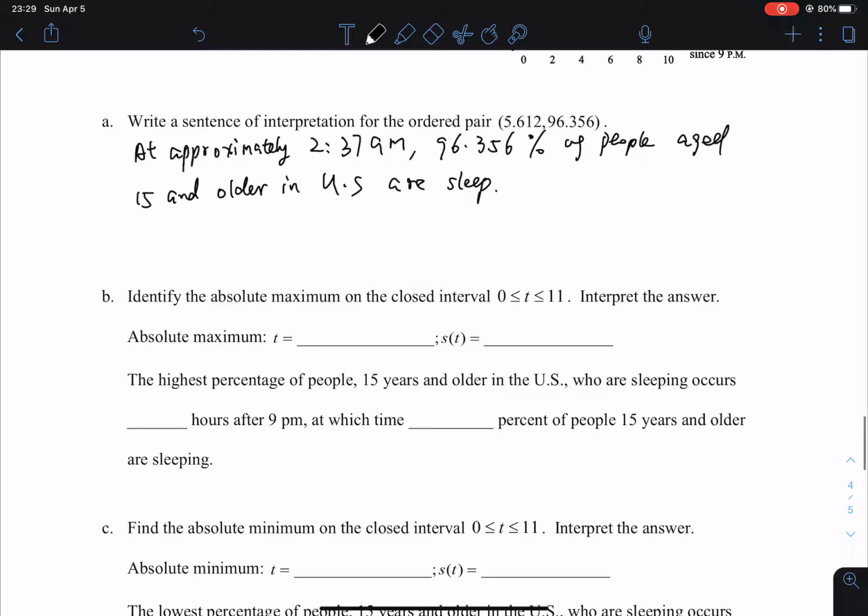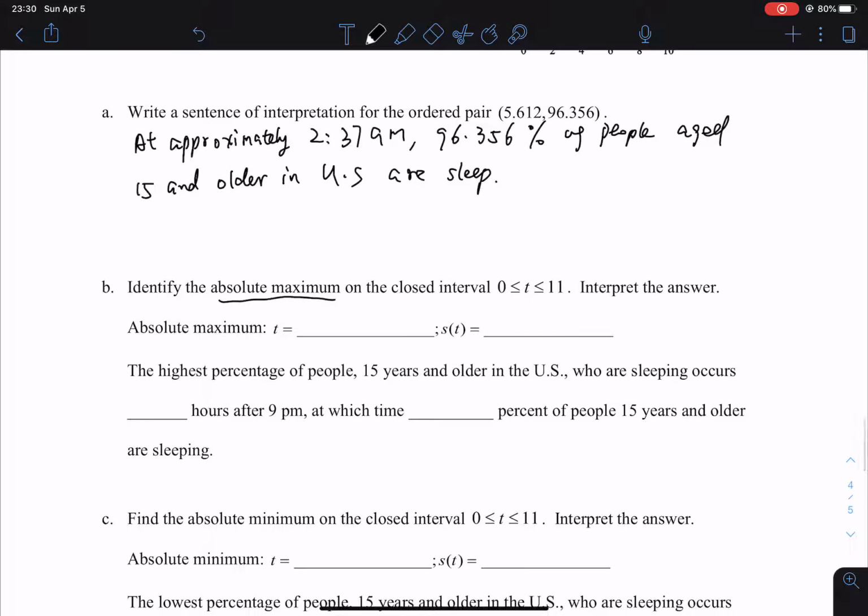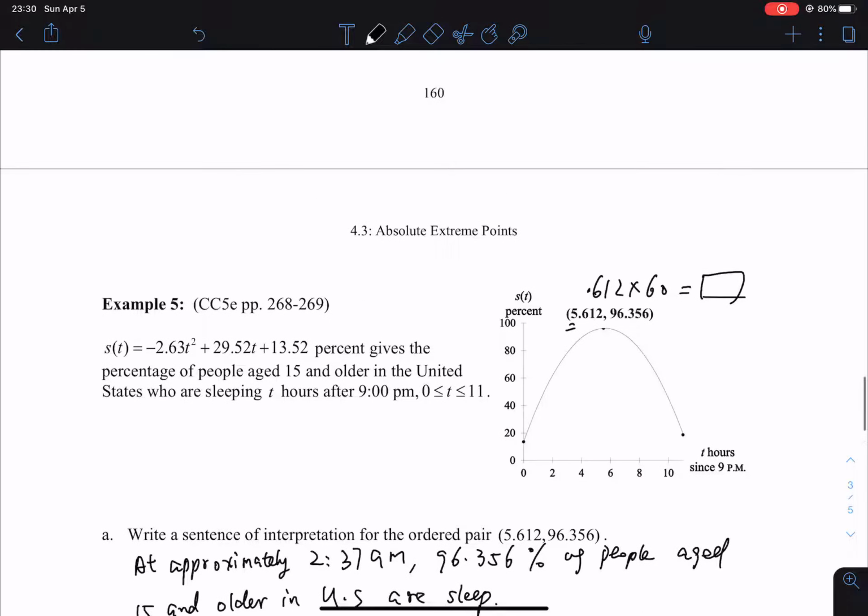And next question, what is the absolute maximum on the closed interval from 0 to 11? For this one, we are given the function graph. But make sure you know, if we are not given the function graph, how to get the absolute maximum and the absolute minimum point.